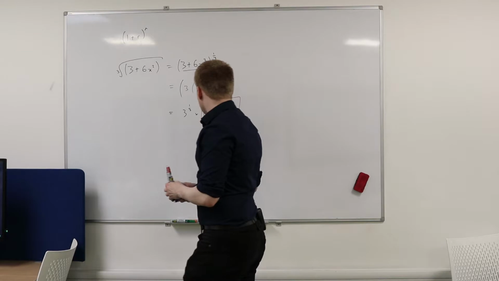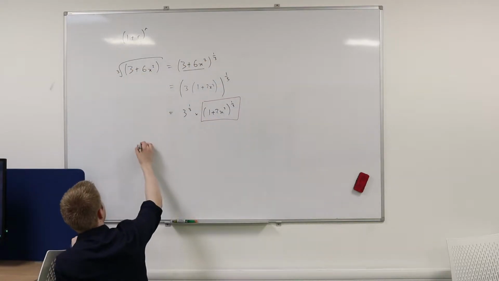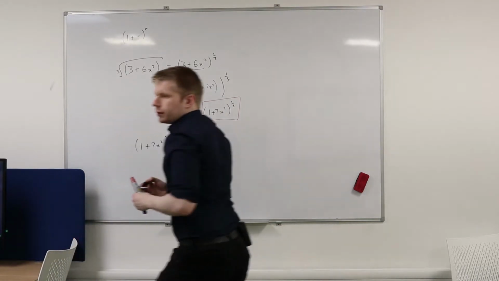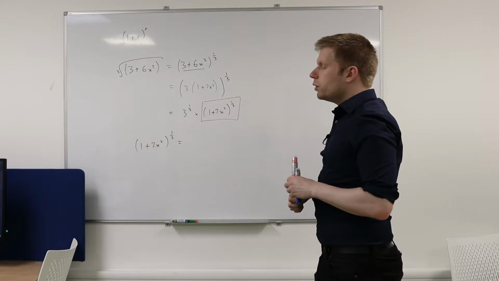So my question is, what is 1 plus 2x squared all raised to the power of 1/3? What's that equal to? This is just binomial series again.